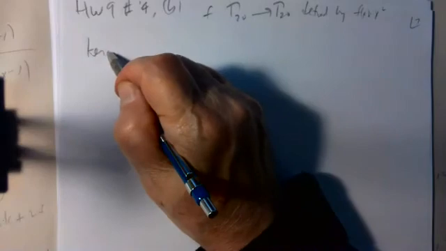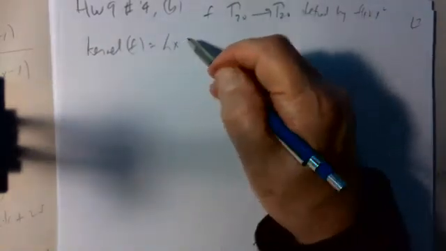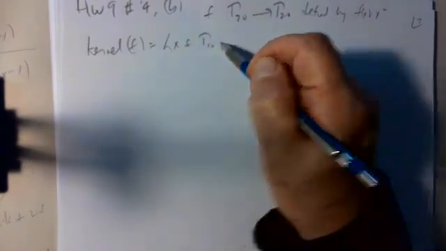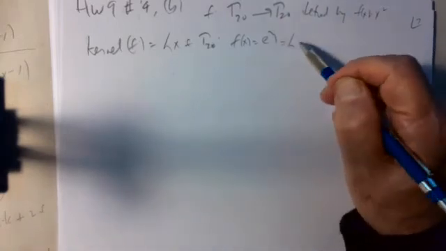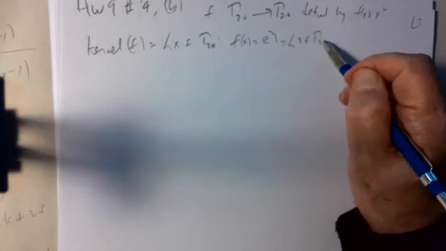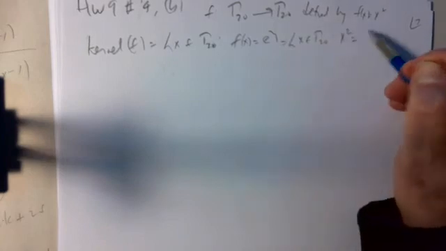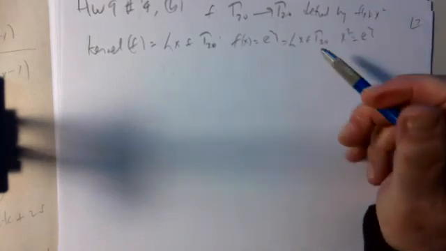So what is the kernel of f? The kernel of f is all elements x in this group such that f of x is the identity. That's the definition of a kernel of any homomorphism. So this is all x in this cyclic group such that x squared is the identity.